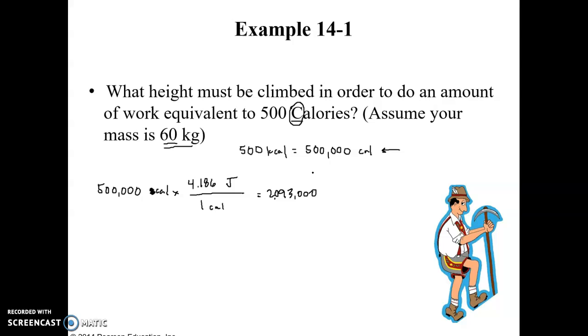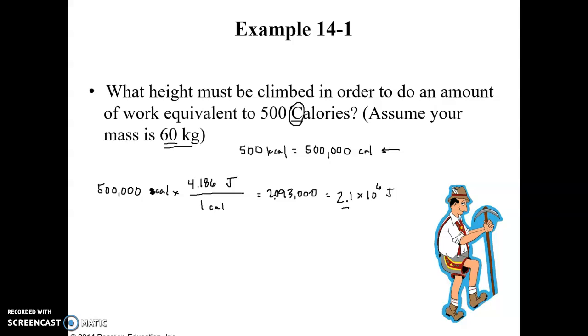I'm going to assume that we've got 2 significant figures to work with. So that is equal to 2.1 times 10 to the 6th joules.